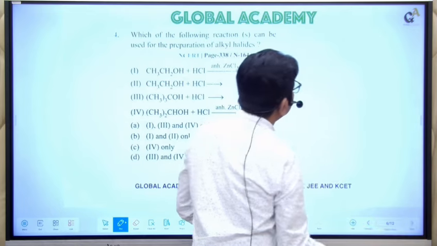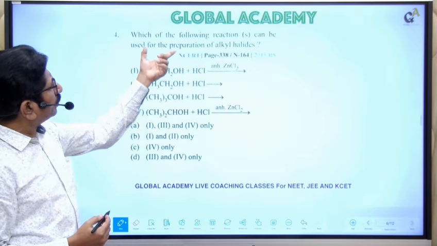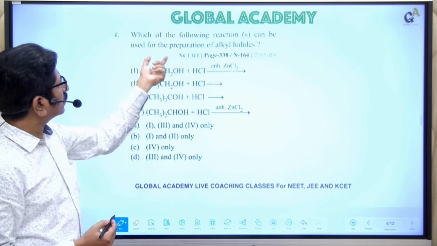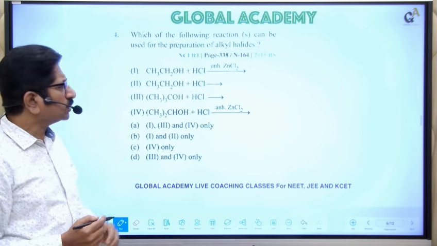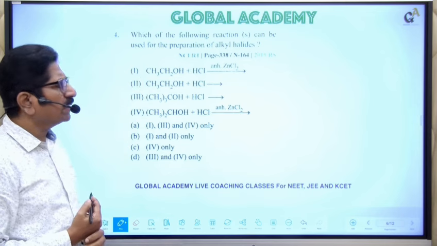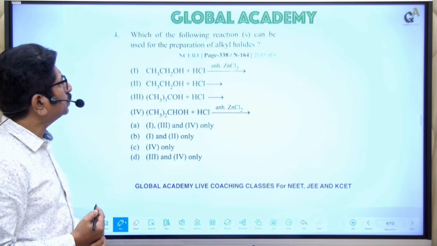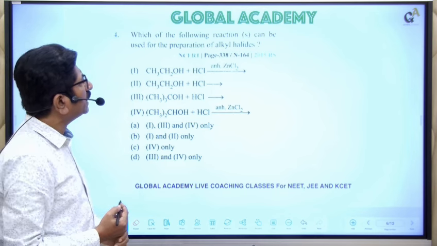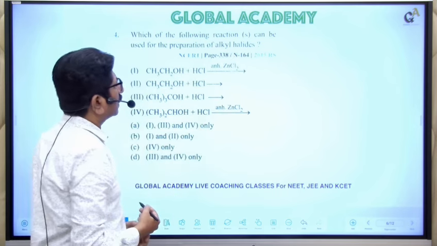The next question: which of the following reactions can be used for the preparation of the alkyl halide? There are four reactions given, and among the four reactions, which are used for the preparation of alkyl halide?